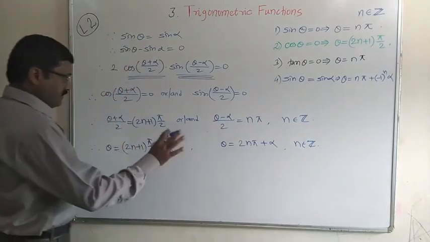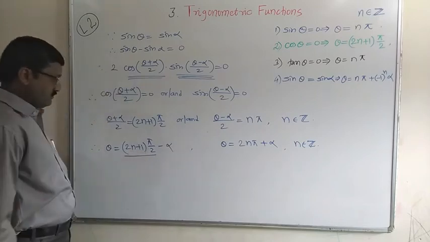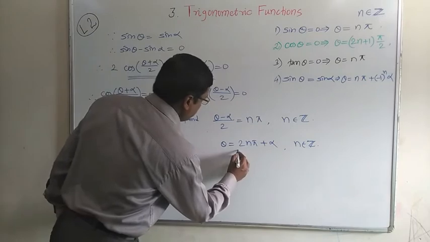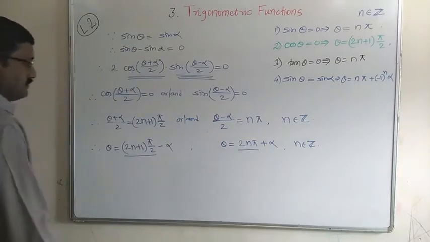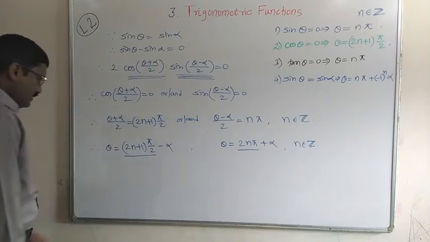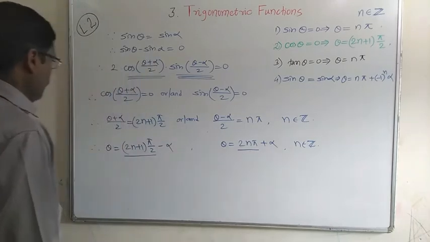If we observe carefully these two, then this is an odd multiple of pi by 2 and this is an even multiple of pi.